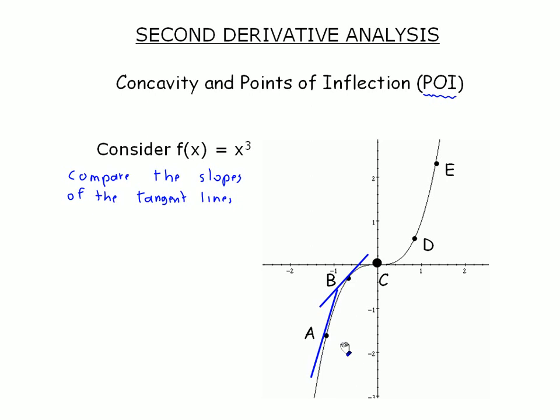But then if you take a look as you get closer and closer to C, and then right on C, if you were to describe the behavior, you would say that in the interval AC, the slopes are decreasing.